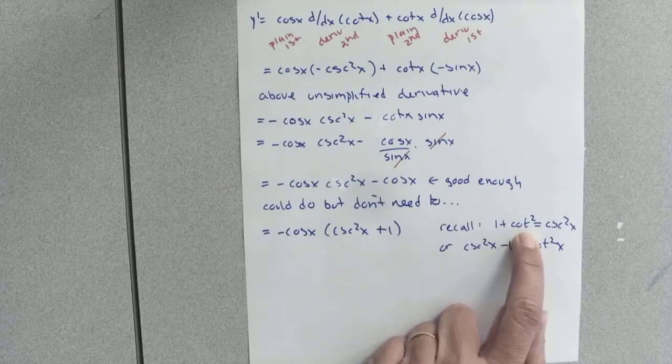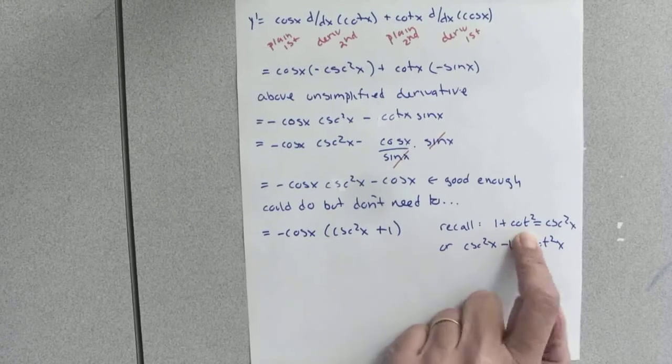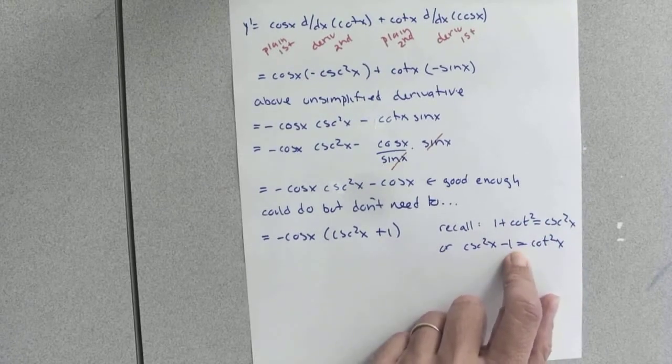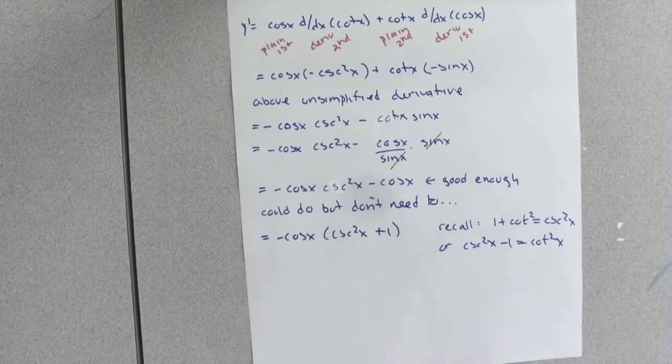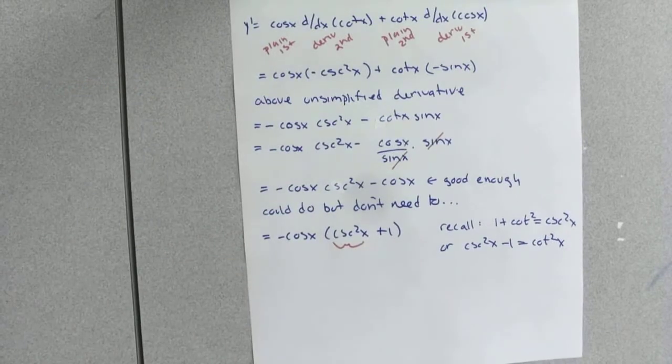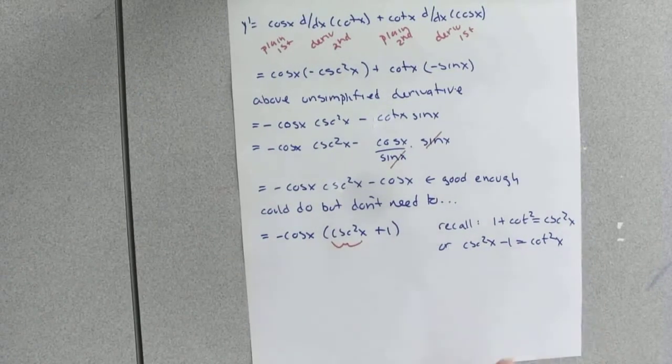Everyone should know it's one of the basic Pythagorean identities. So you could say, yeah, I remember that 1 plus cotangent squared x is cosecant squared x. And then just rewriting that a little bit, subtracting the 1 to the other side, we'd have cosecant squared x minus 1. Actually, I don't know why I wrote that.